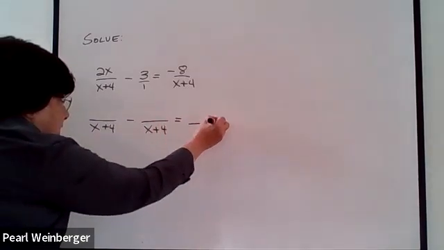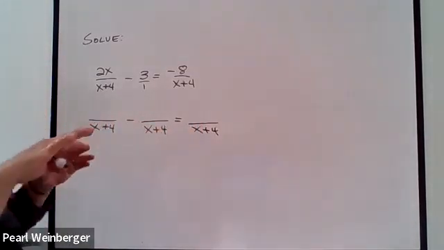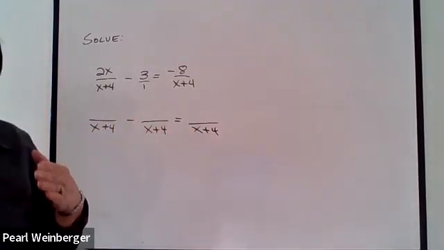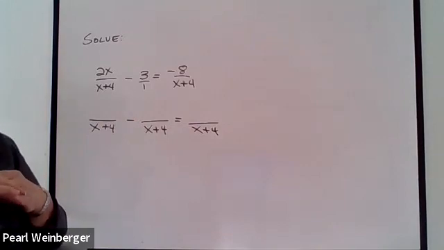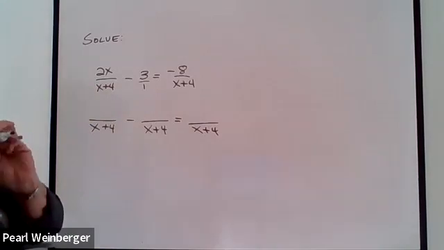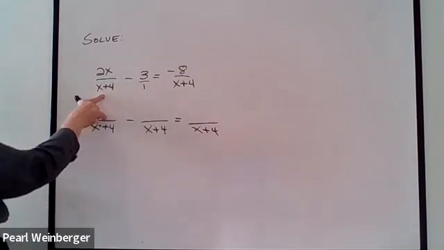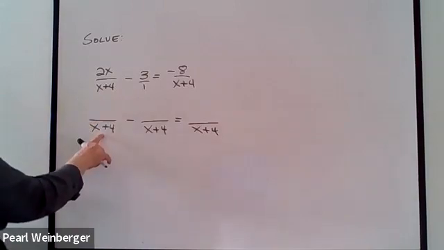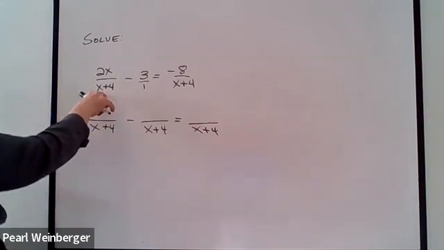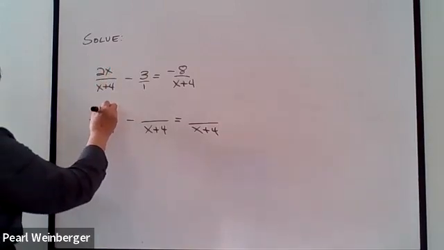So I'm going to have to rewrite all these fractions. Remember, when we're doing a fractional equation, we find the common denominator, rewrite the numerators, and then just write the equation of the numerators. This is x plus 4, and this is x plus 4, so I haven't changed the denominator, and I just leave the numerator alone.